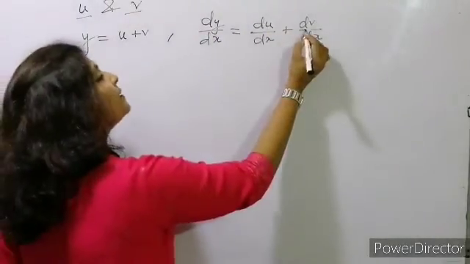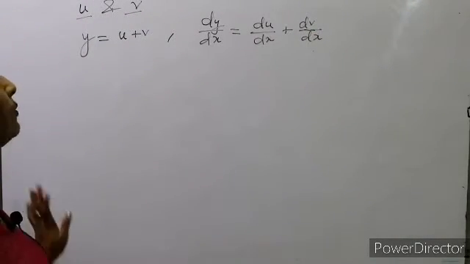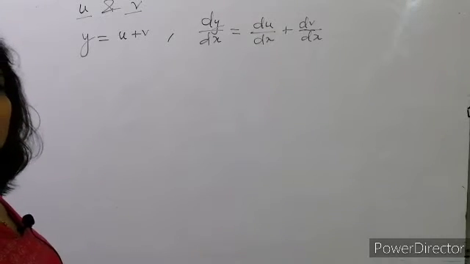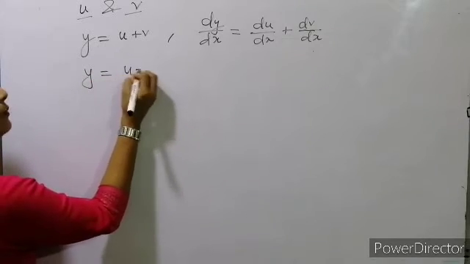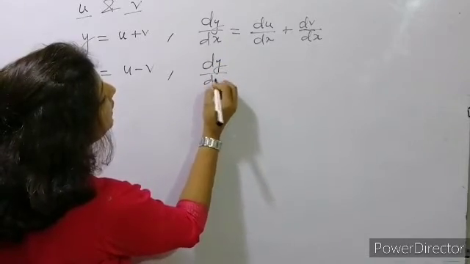Why? Because u is a function of x and v is a function of x, and y is equal to u plus v. So u and v are not constant. These are some functions of x. In case y is equal to u minus v, what will be the value of dy upon dx?